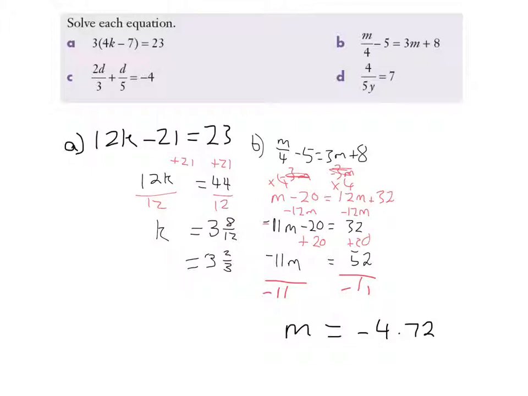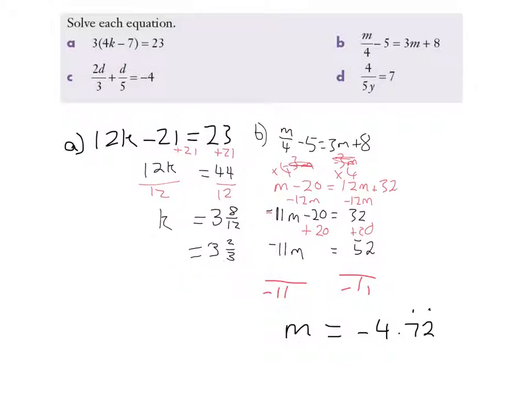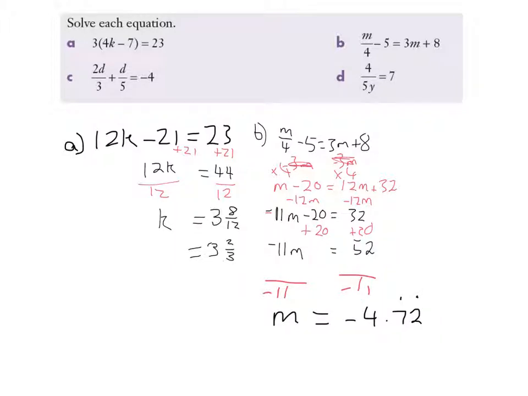If you were writing it in decimal form, in recurring form, you'd put 2 dots there because it's 4.72727272. And if I just want to make one more point, the other way in which you would write this is equal to negative 4, and over 11 we had a remainder of 8. And that's it.